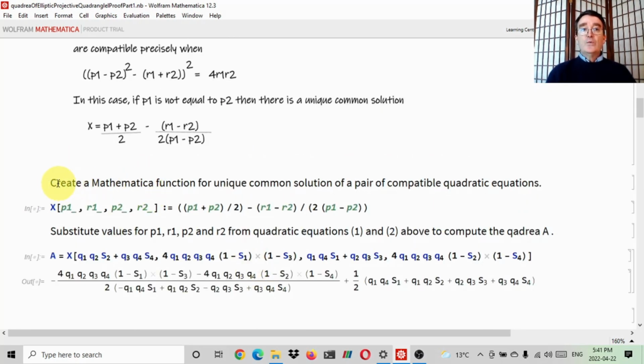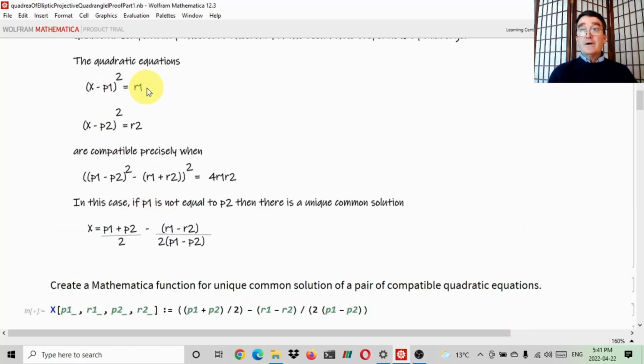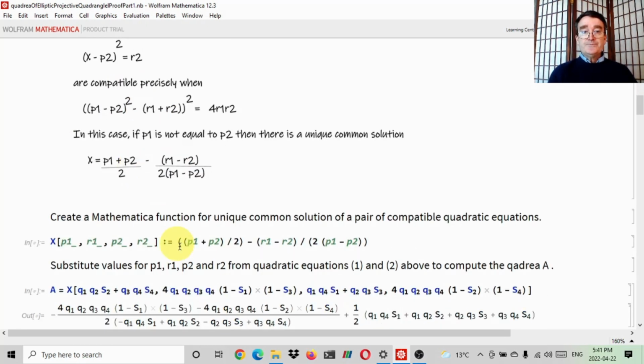So what we do is we create a Mathematica function for the unique common solution of the pair of compatible quadratic equations. We're expressing it in Mathematica right here. We're going to pass in p1, r1, p2, and r2 from the two quadratic equations.